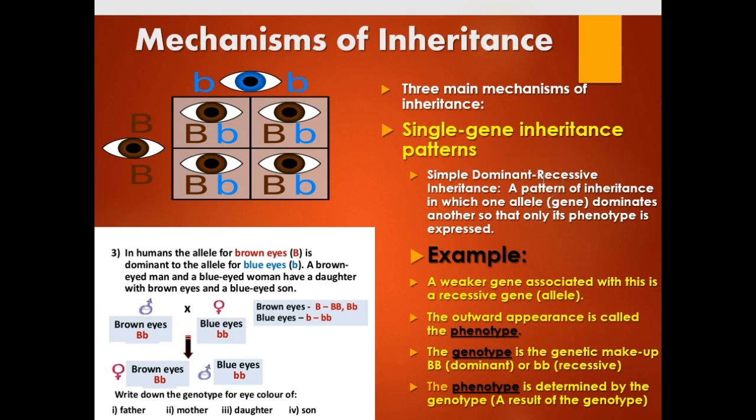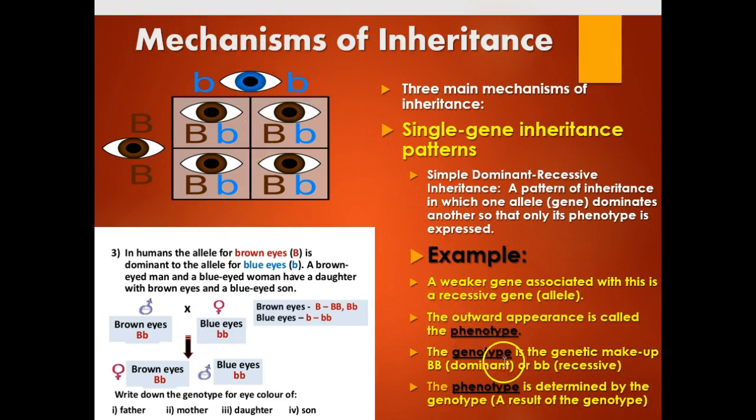And here we talk about dominant-recessive inheritance, which is a pattern of inheritance in which one allele, also called the gene, dominates another so that only its phenotype is expressed. So what is the phenotype? Well, the phenotype is the outward appearance of the individual, the blue eyes, the brown eyes.